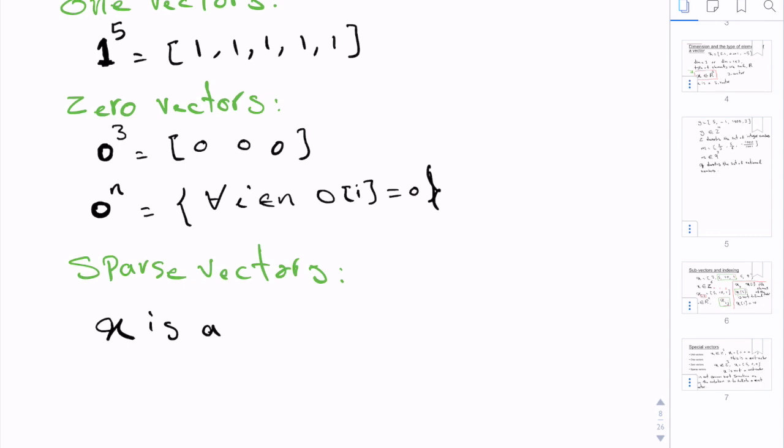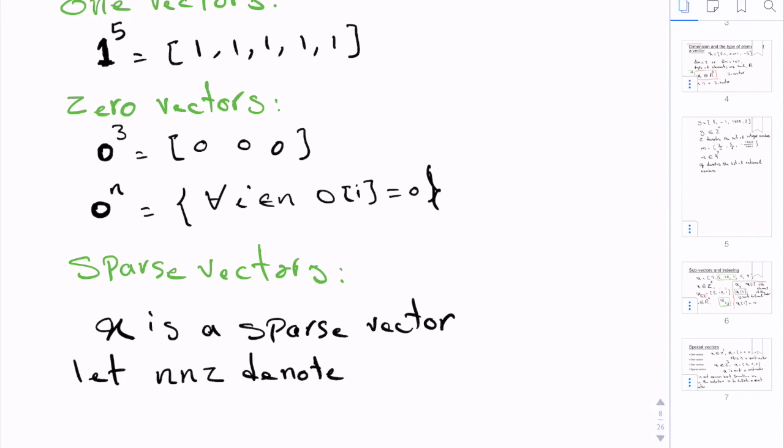Let nz denote the number of non-zero elements.